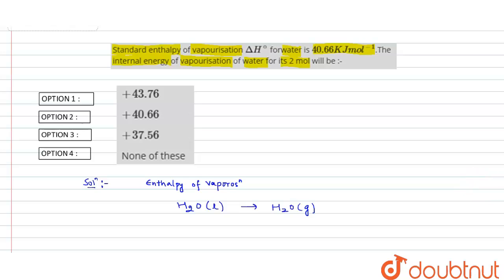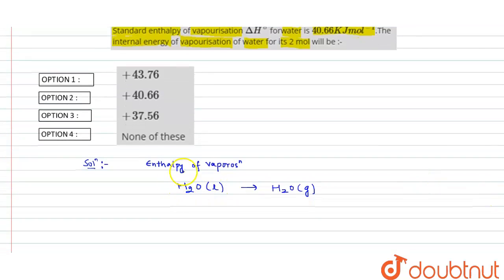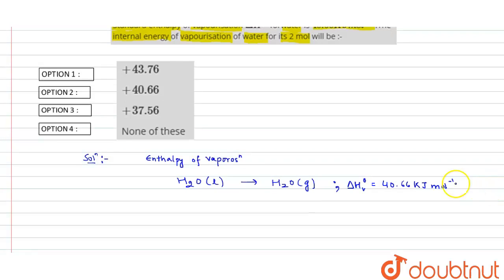This is how the conversion is taking place, and the value of enthalpy of vaporization for this is given to us as delta H naught, where V stands for vaporization, 40.66 kilojoule per mole. We can write mole inverse, it means per mole.